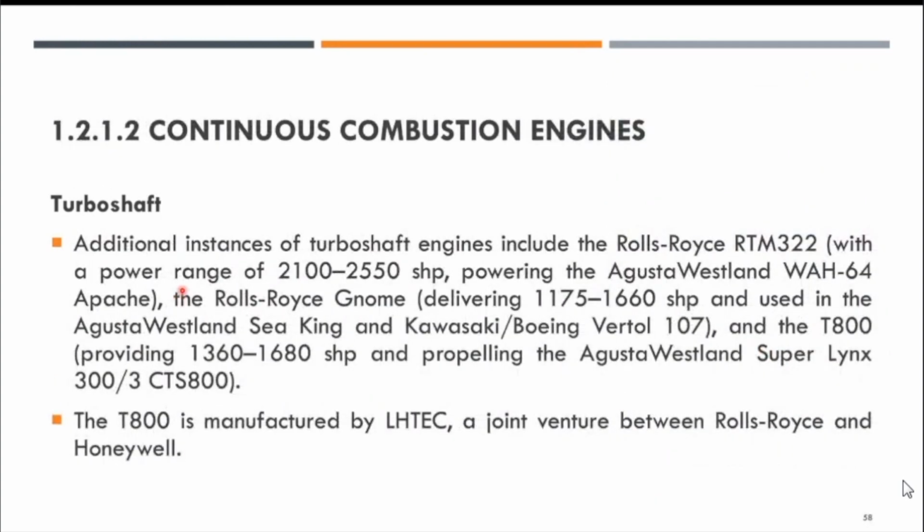Additional instances of turboshaft engines include the Rolls-Royce RTM322, which powers the AgustaWestland Apache helicopter, and the Rolls-Royce Gnome, which is used to power the AgustaWestland Sea King, as well as the Kawasaki or Boeing Vertol 107.